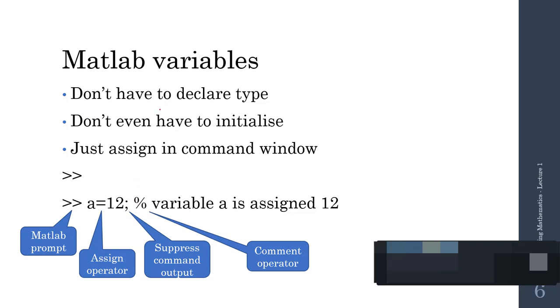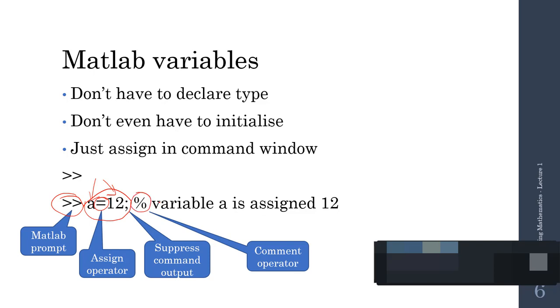We don't have to declare types for variables, and we don't even have to initialize them. Just assign in the command window and that's all. This one is the Matlab prompt, and this is the assignment operator. If you want to assign some value, for example 12, to a variable, for example a, we have to write it in this form. And this one is the comment operator. If you type this, it's a comment.